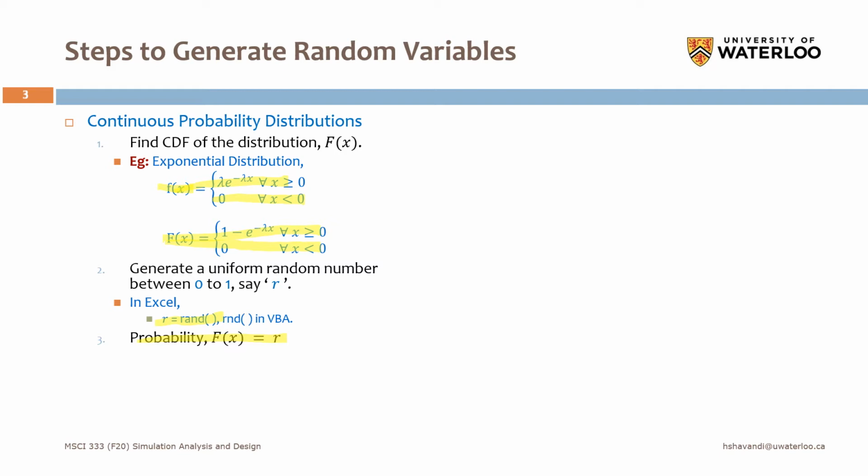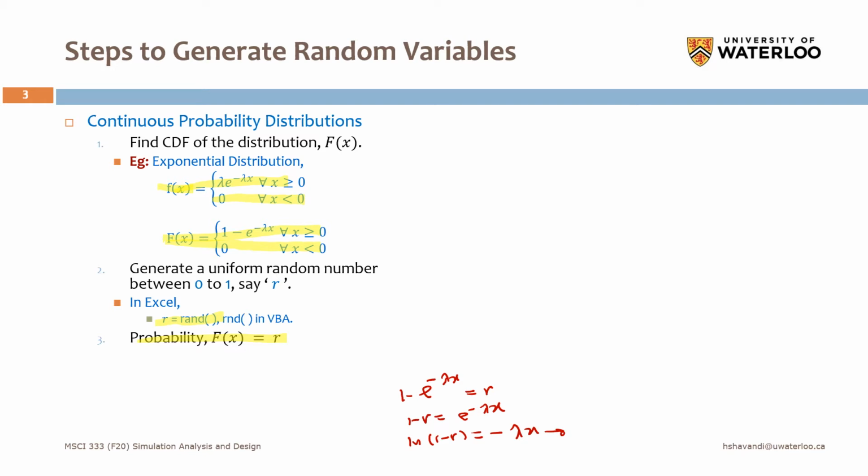So let's solve this equation for x here. We have 1 minus e to the power of minus lambda x equal to r. Then we have 1 minus r equals e to the power of minus lambda x. Then we take the ln function of both sides of this equation. So ln(1 minus r) equals minus lambda x.